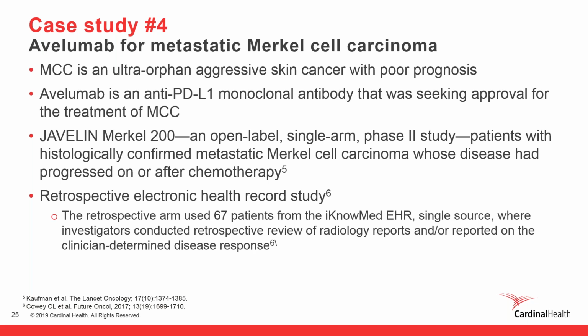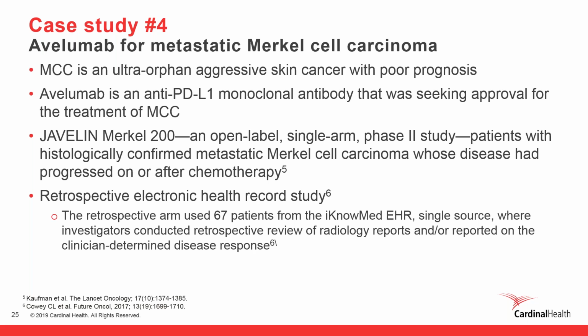And I think the interesting thing here is of those 686, once they applied all the criteria from the trial to get down to that final patient population, they found 39 patients who could be potentially eligible for study. Of those 39, it was boiled down to a much smaller cohort of actually, in the end, 14 patients for whom disease response could be assessed and the objective response rate reported.